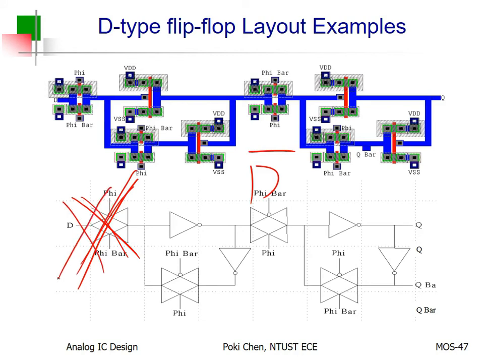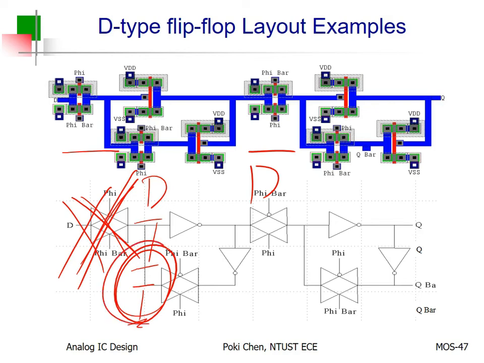So we have some kind of memory because you have a parasitic capacitor here, right? So during the first half cycle, D is actually held here with the help of your parasitics. So sometimes parasitics help. However, the parasitic capacitance here is so small.